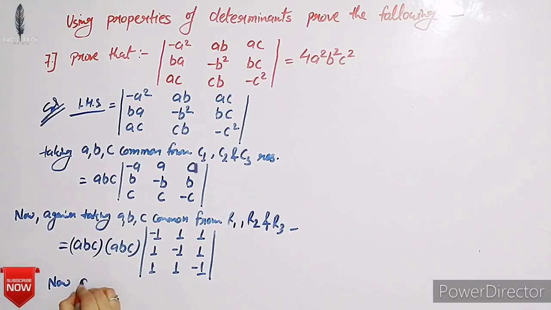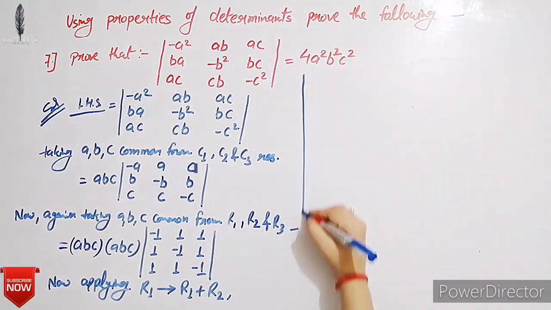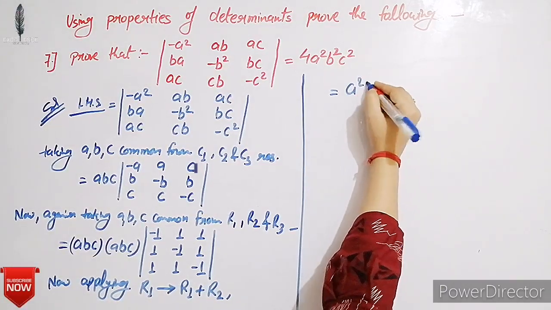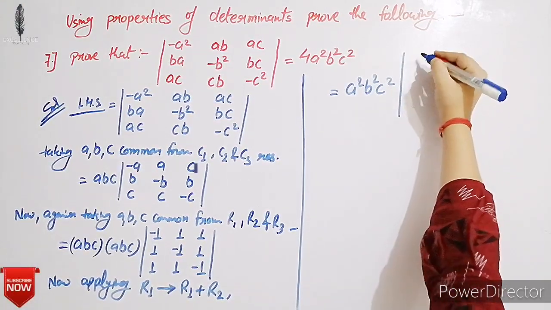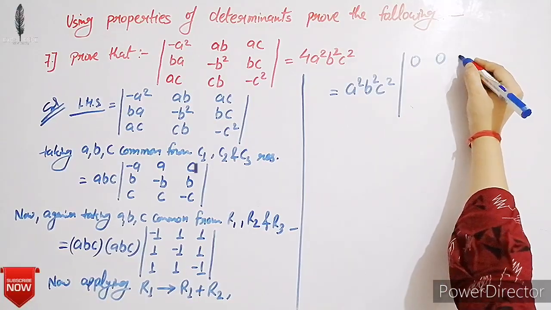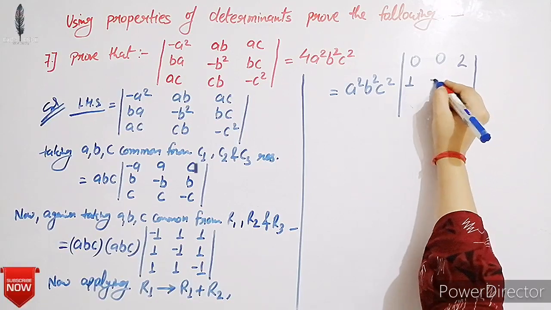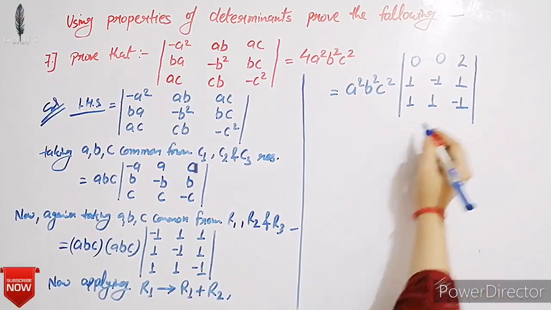Now applying the change, R1 is such that R1 plus R2, then we get it equals to A square B square C square, and R1 is R1 plus R2, that is 0, here also 0, here 2. R2 is same, 1, minus 1, 1, and R3 is also same, here 1, 1, minus 1.